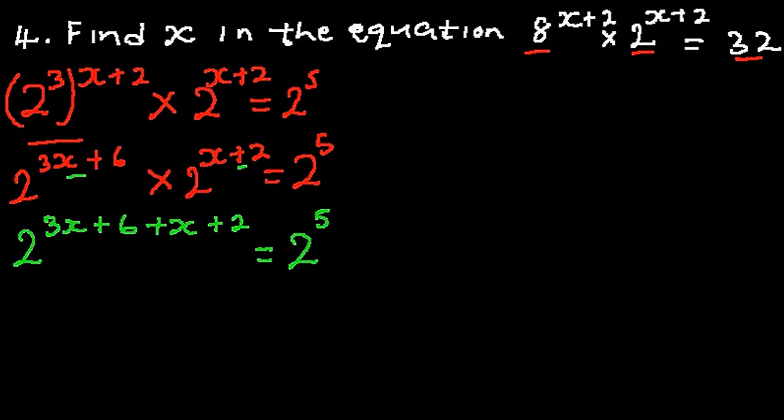Now here we add the like terms, so 3x plus x is 4x, so we have 2 to power 4x, 6 plus 2 will be 8, so plus 8 is equal to 2 to power 5.